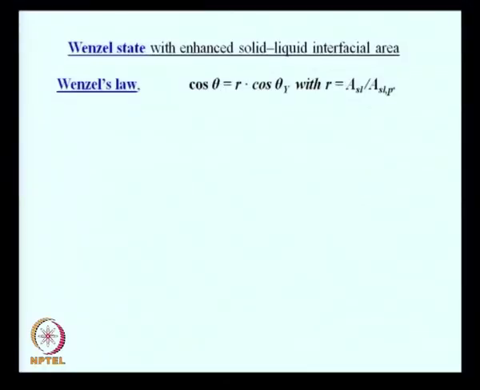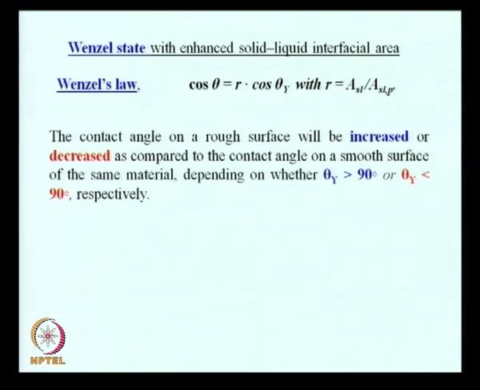It cannot be derived as such, but a large number of experiments support the existence of such a law, which is known as Wenzel's law, which denotes the contact angle as a function of the equilibrium contact angle, and this factor R is the ratio of the areas.